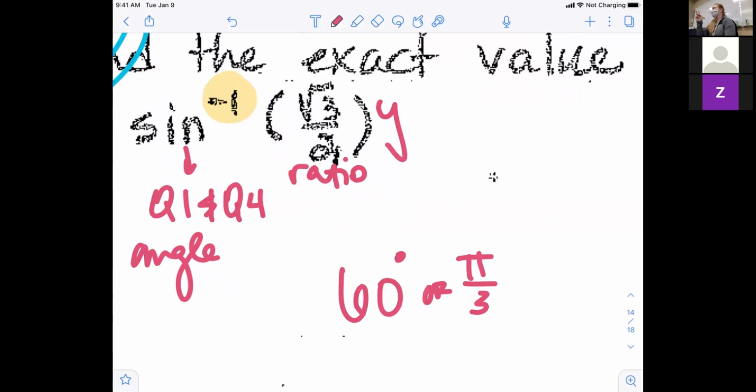What other angle has this answer? 120. Now, the reason we're not using that is because I don't want multiple answers. So I'm restricting myself to only look at quadrants 1 and 4. That's why all of us know what angle we're talking about. Because if I don't tell you that our restrictions are in quadrants 1 and 4, you may be thinking about 120 the whole time and I'm thinking about 60. So this quadrant thing just tells us that we're all looking at the same spot.